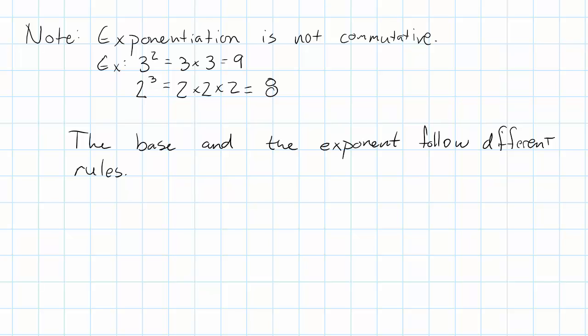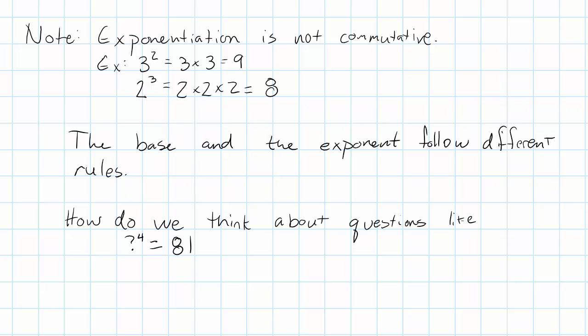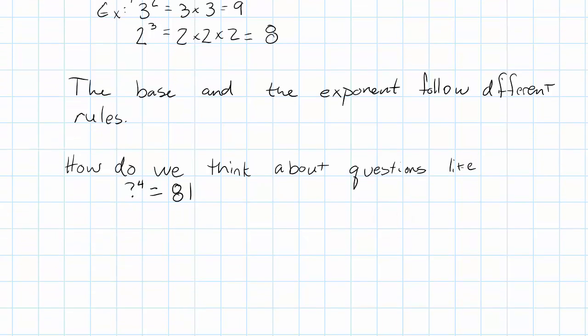So we're going to talk about a way to find out answers to questions like, what number to the 4th power gives me 81? When I want to ask that question, the way that I write it is using this funky little squiggly sign.